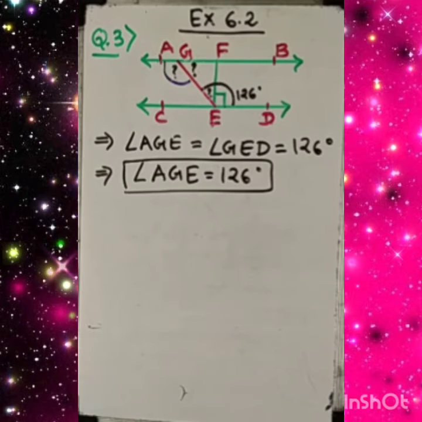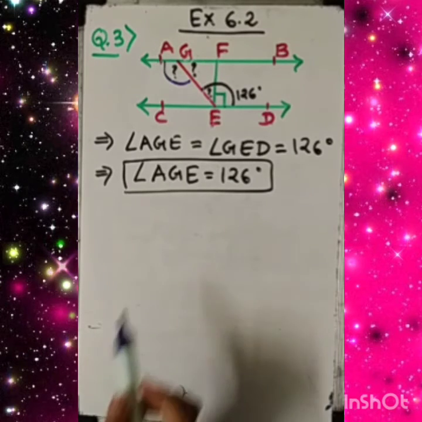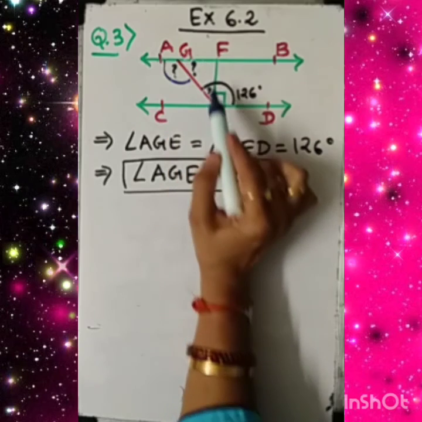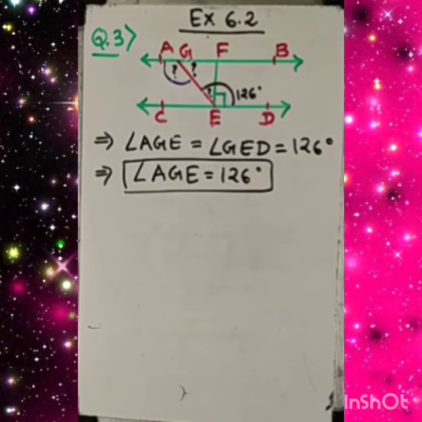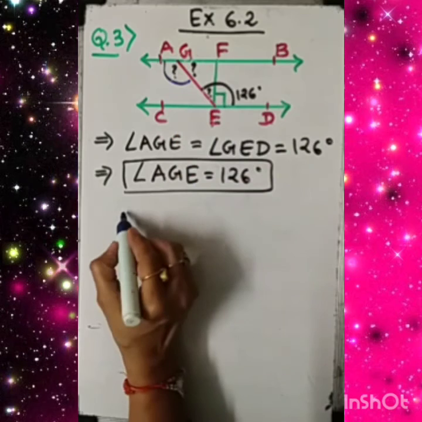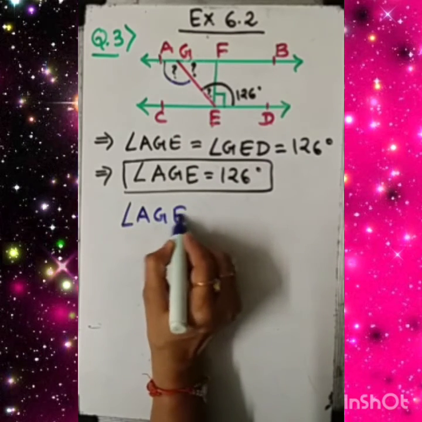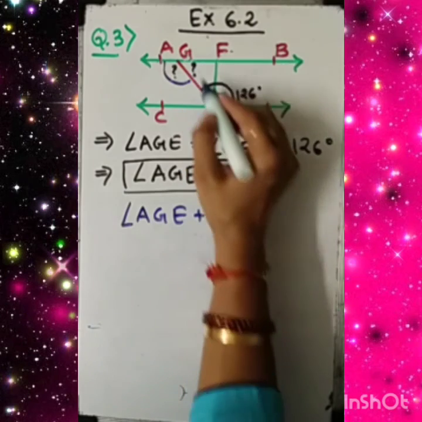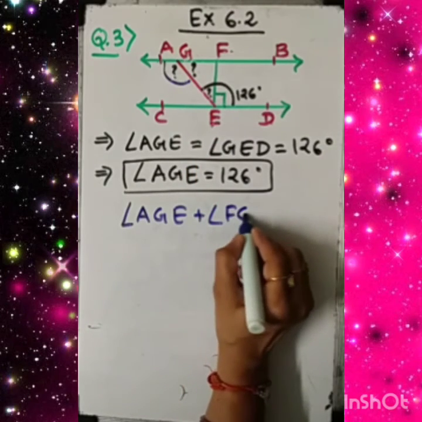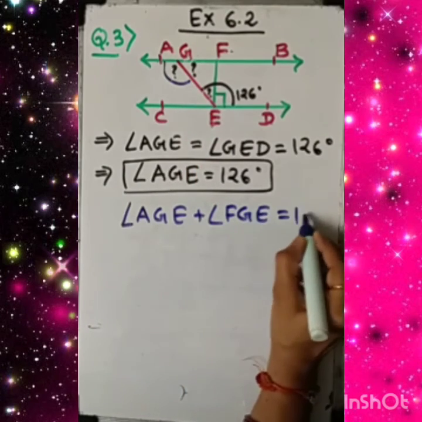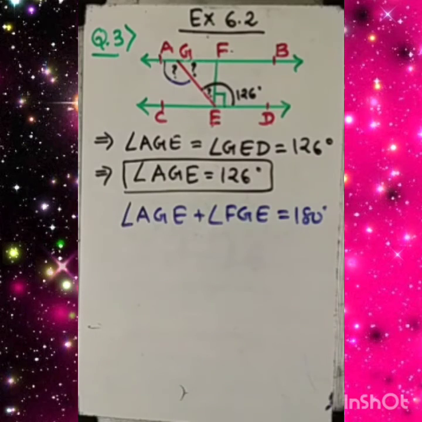One more thing we have to find is angle FGE, or EGF, same thing. Now dear student, as we know, angle AGE plus angle FGE form a linear pair. So the sum of these two must be 180 degrees.